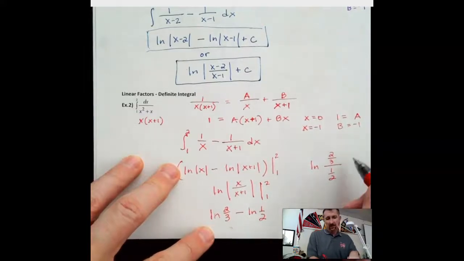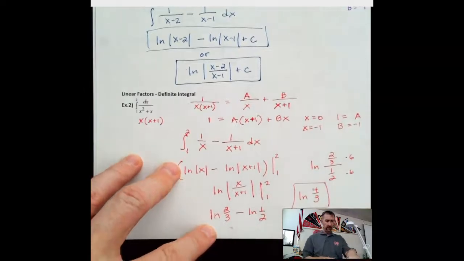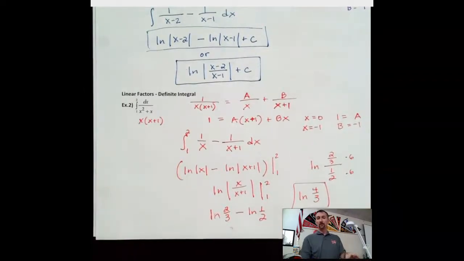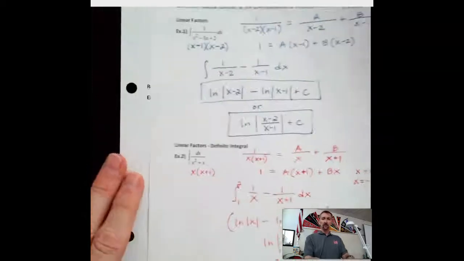So that's a complex fraction. We could just multiply by 6 over 6, or you could multiply by the reciprocal. So that's going to be 4 over 3. All right. And we have 2 more of those.